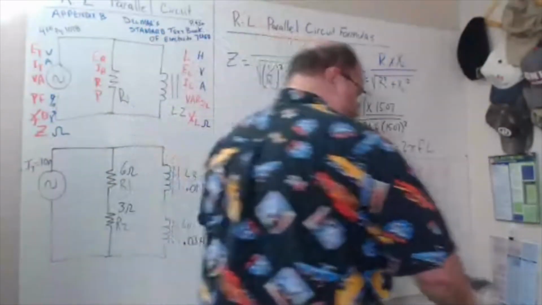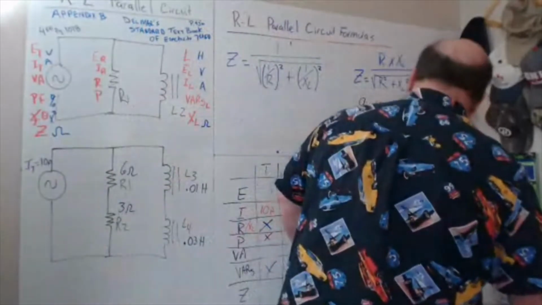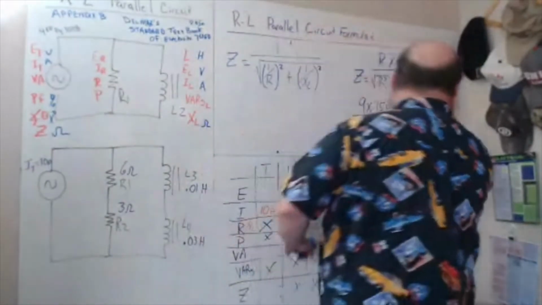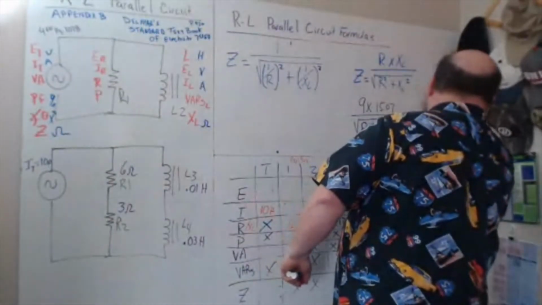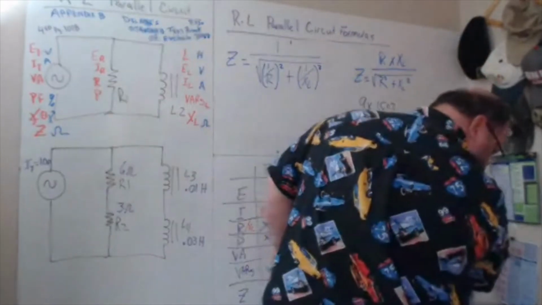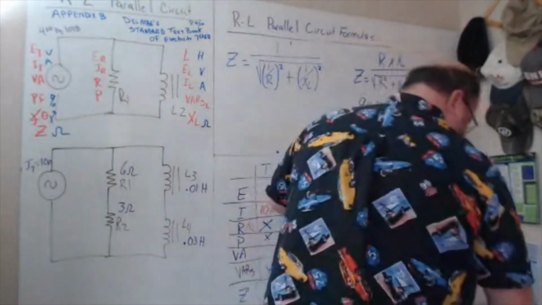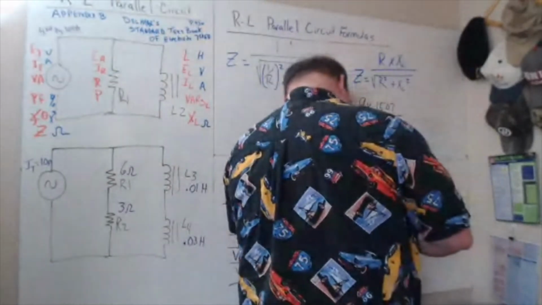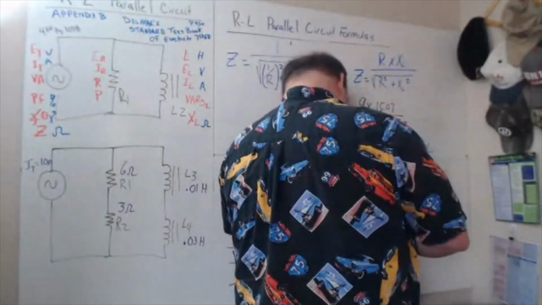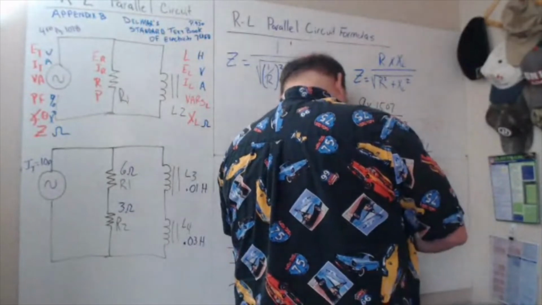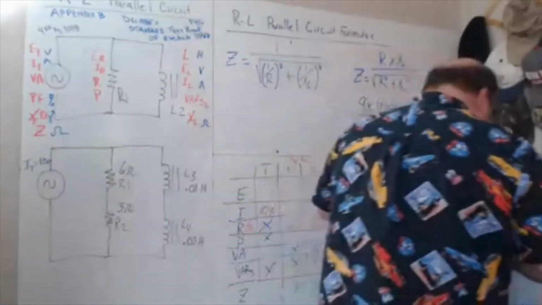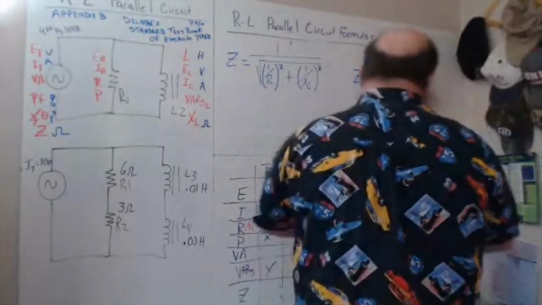So it's 17.55. So 17.55, 9 times 2.07 equals 135.63.